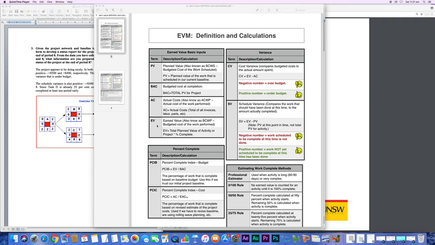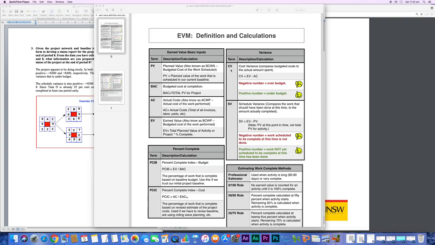And now we can talk about variances. So this is generally the basic method of comparison of what's actually happening and what we've been planning. So first, we describe cost variance and schedule variance. What's the cost variance?